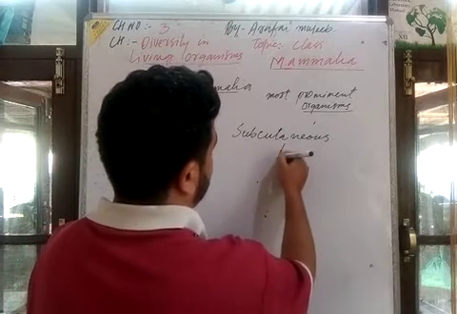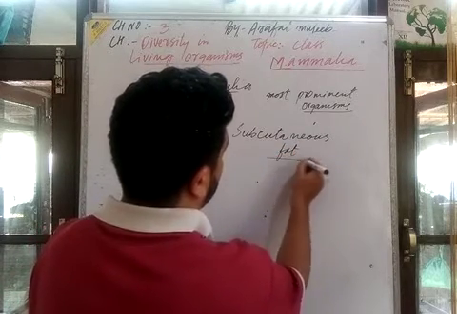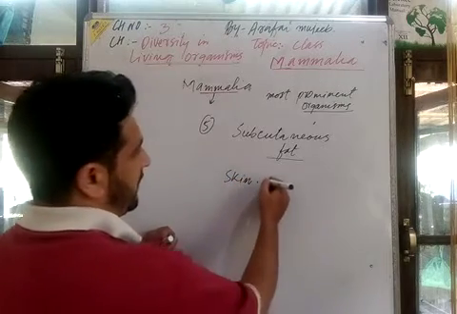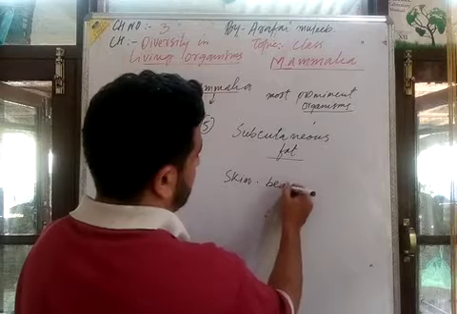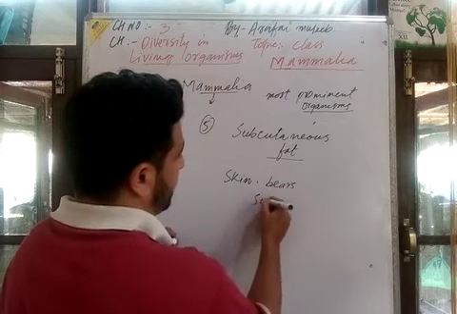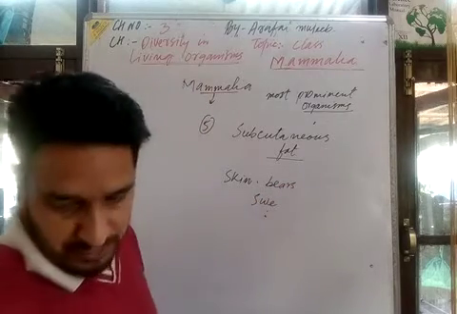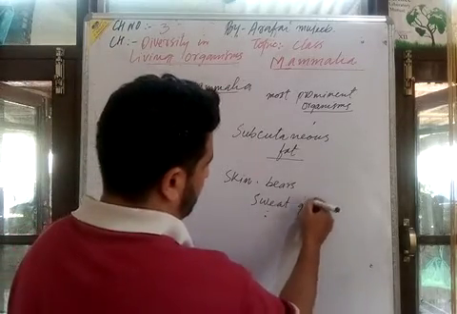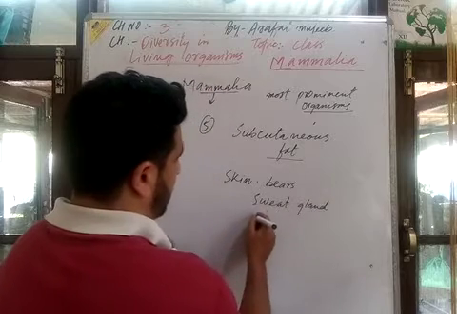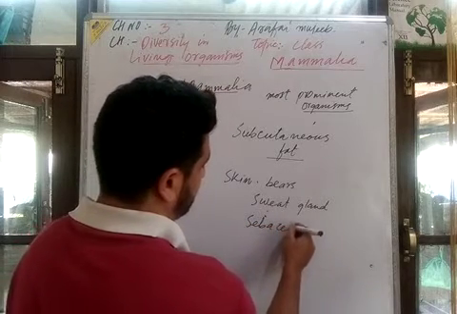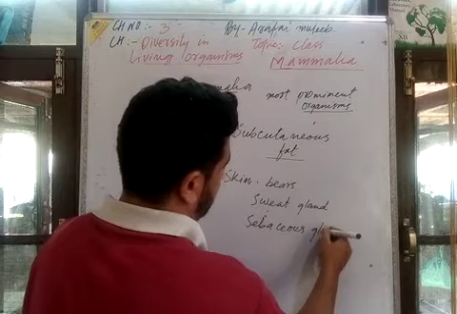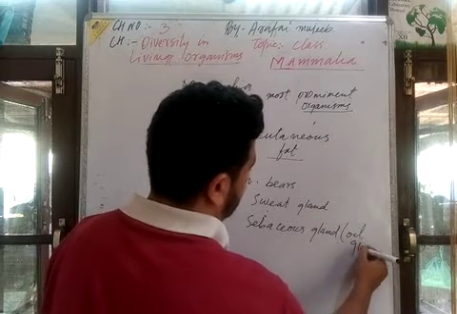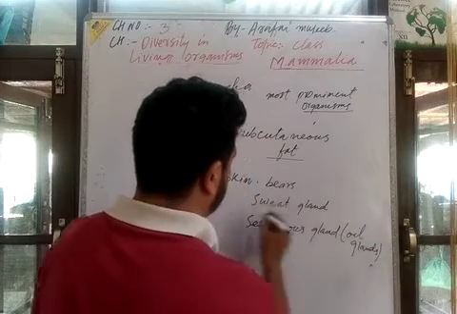Their skin bears sweat glands, and sebaceous glands, इनको हम कहते हैं wax glands या oil glands, these are commonly known as oil glands, sebaceous glands.